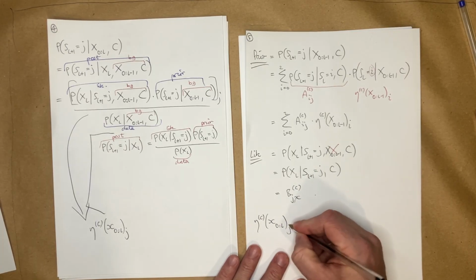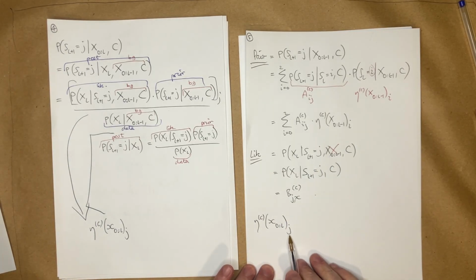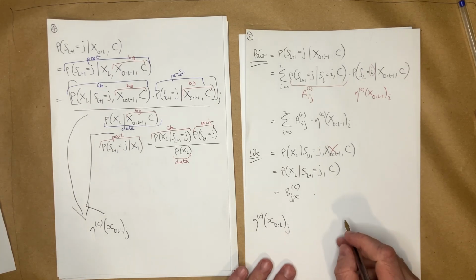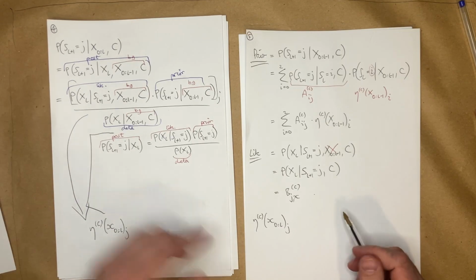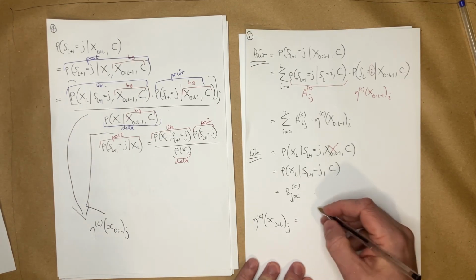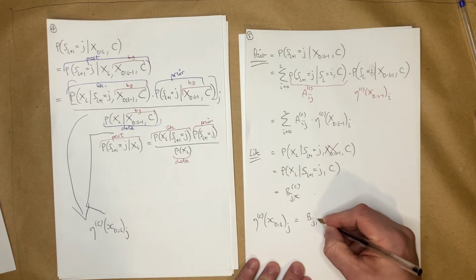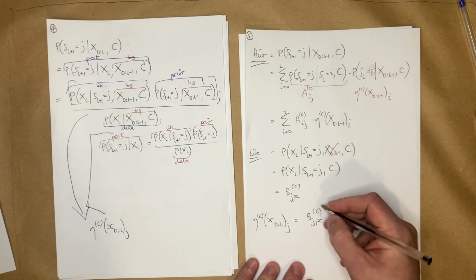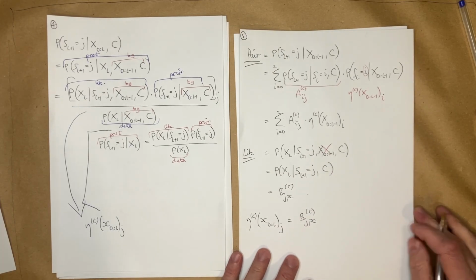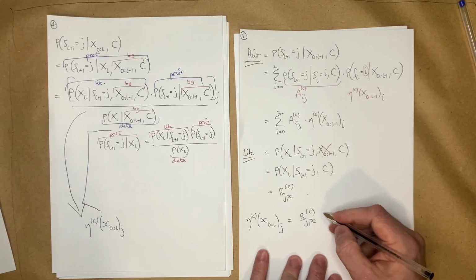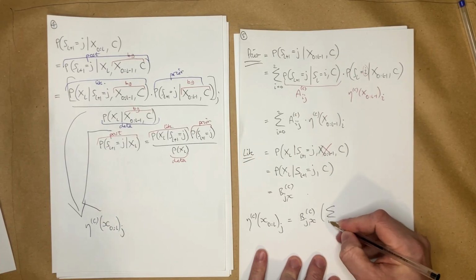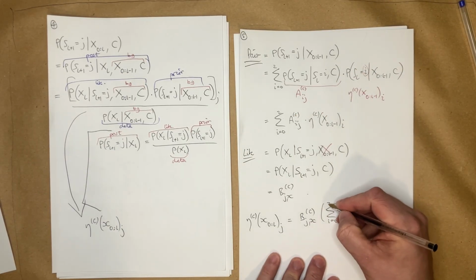And which has 3 components indexed by J, because the hidden state can take one of 3 possible values. And according to Bayes' theorem, it's just equal to the likelihood, which we found is equal to matrix B, times the prior, which is this expression, and I'm just going to write it as such.